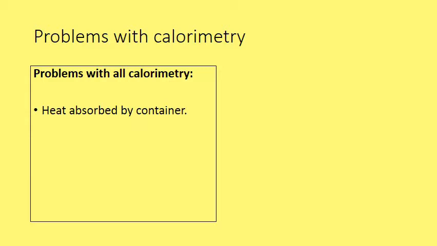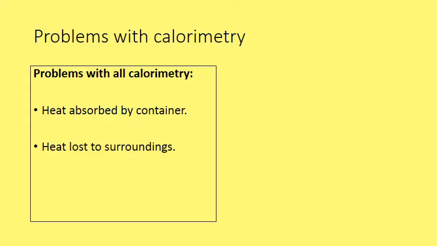If the container is absorbing the heat, the water is not absorbing that heat, and therefore the temperature increase of the water is less than it would be if no heat was being absorbed by the container. So obviously you want to use a container that absorbs less heat than another one that might absorb more heat.